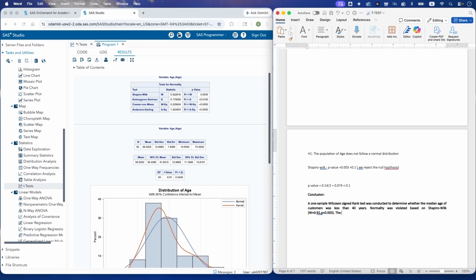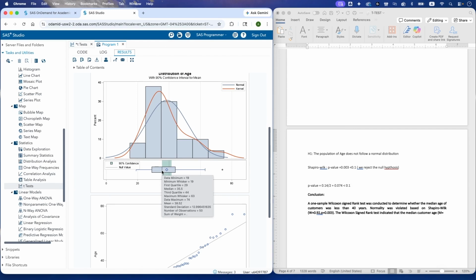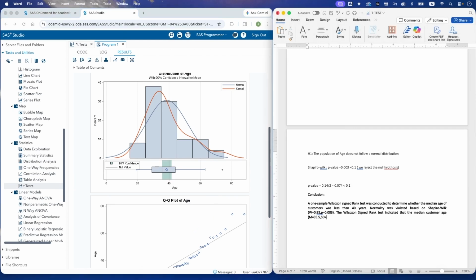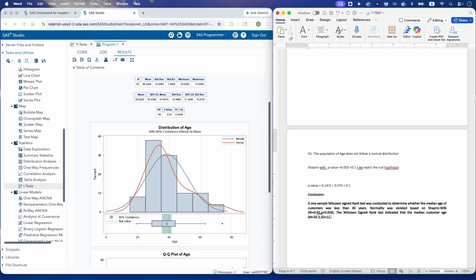And the Wilcoxon signed rank indicated that customer age, we can write the median here as 35.5, deviation was 12.997, was significantly less than 40.